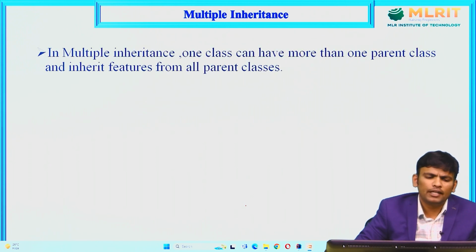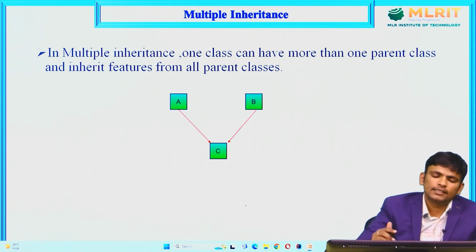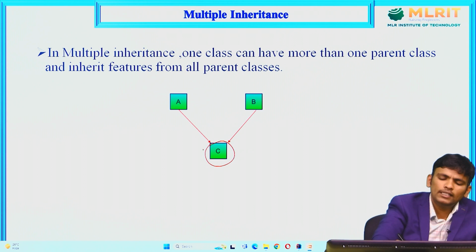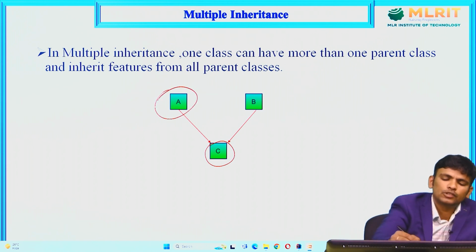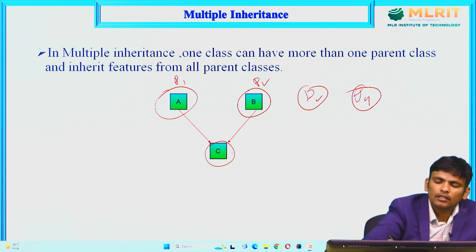So multiple inheritance means deriving a single child from multiple parent classes. So this is parent 1, and this is parent 2. And if you want to take parent 3 and parent 4 also, you can take.